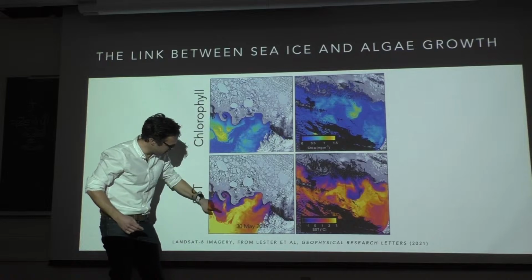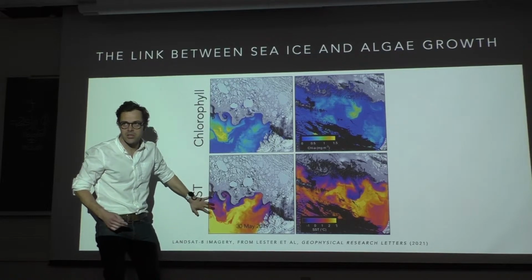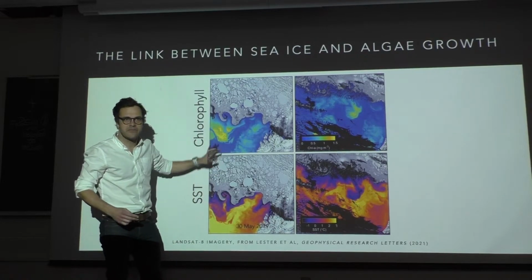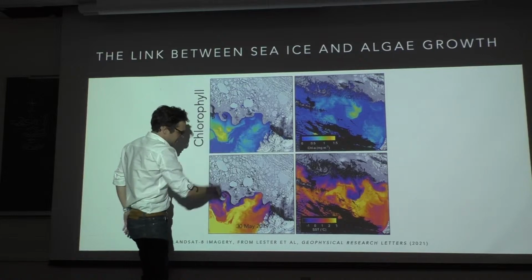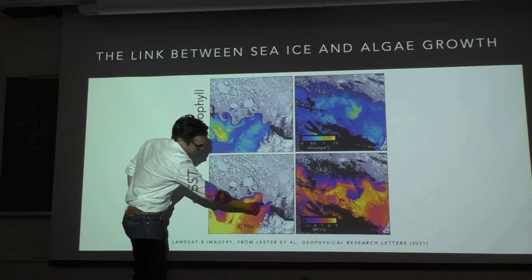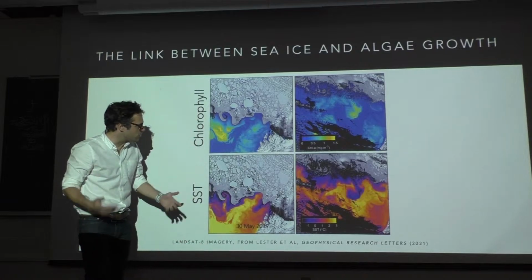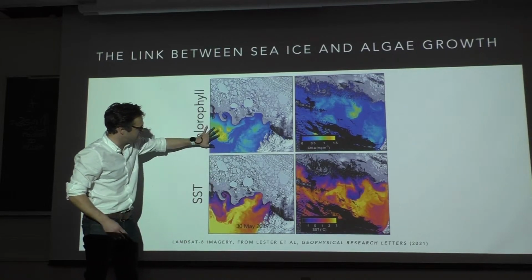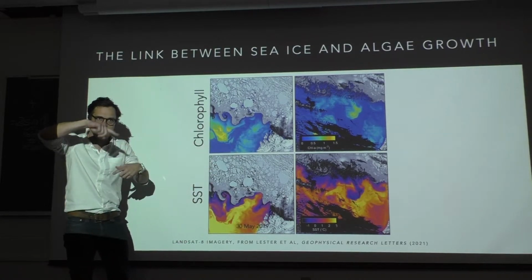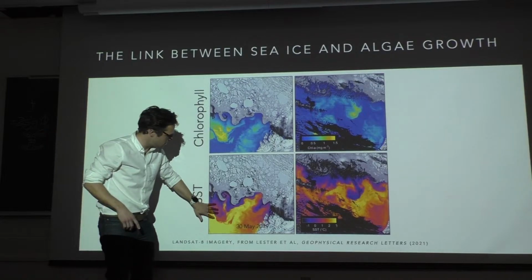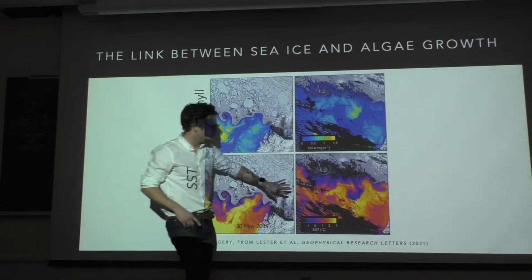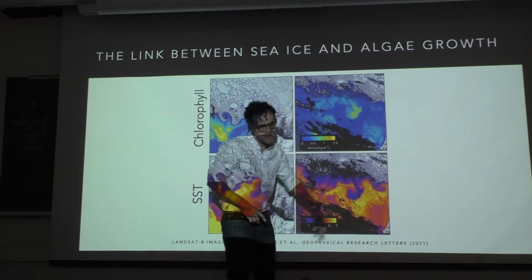And so this depressed sea surface temperature is where you have meltwater coming from the sea ice. The sea ice is melting, and it tracks. You can tell exactly where the meltwater is, right? And what's so striking here is that there's these very clear links between the sea ice meltwater plume and the chlorophyll concentration here. Here, the same thing.